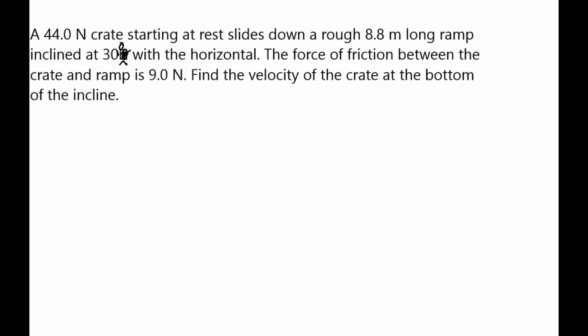Find the velocity of the crate at the bottom of the incline. We could actually do this problem with the stuff we've learned in the past, but we're going to do it with energy, and it'll be a lot easier, I promise. So our angle is 30 degrees, and this is 8.8 meters.